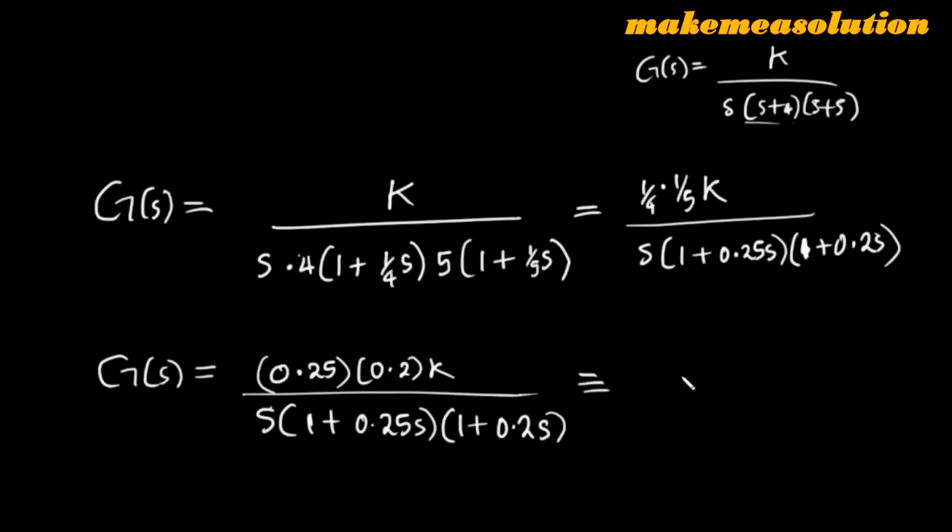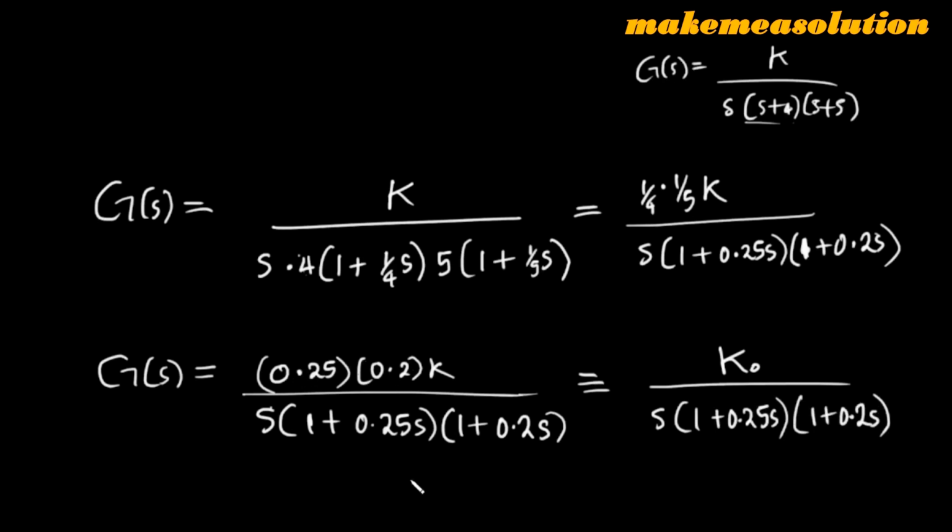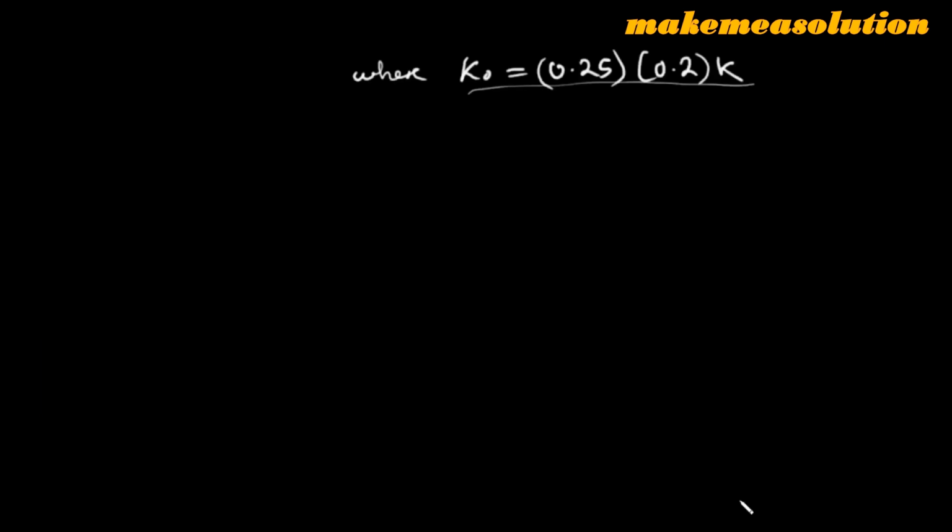So I can let this be, for instance, K naught divided by s into (1 plus 0.25 s) into (1 plus 0.2 s). It's better you convert it to this particular form, where K naught is equal to 0.25 times 0.2 K. Once we finish our calculations on this form, we'll remember to make this substitution once again.